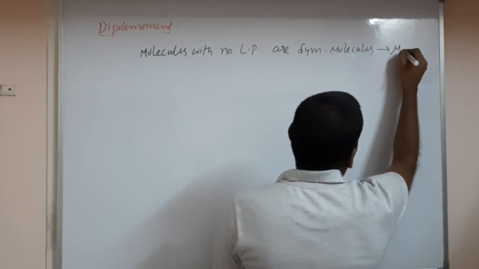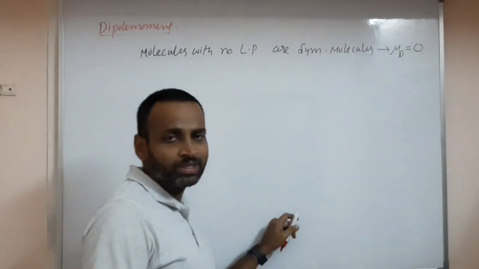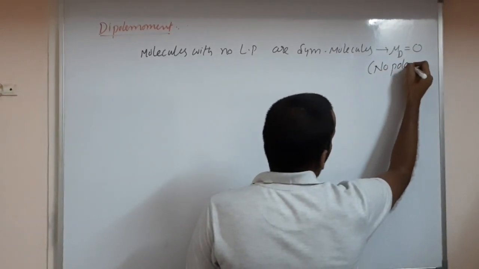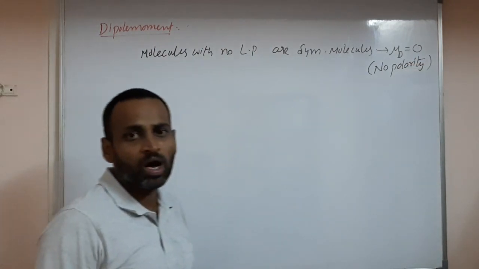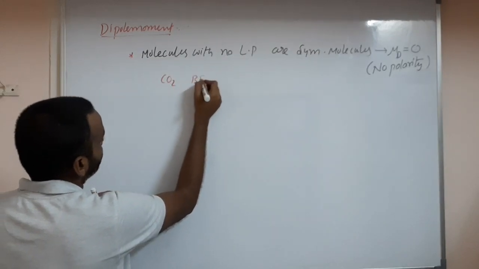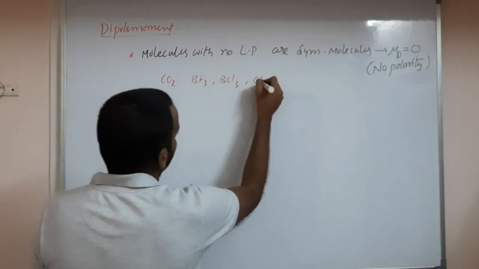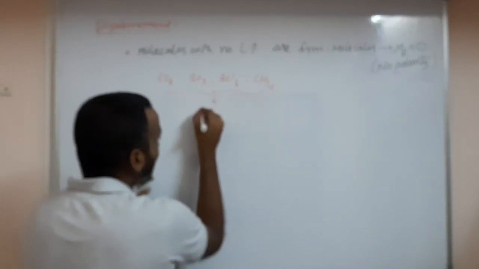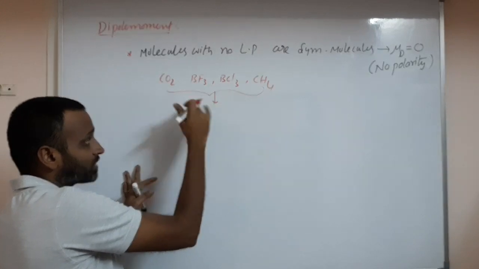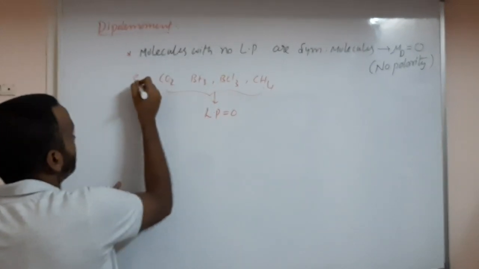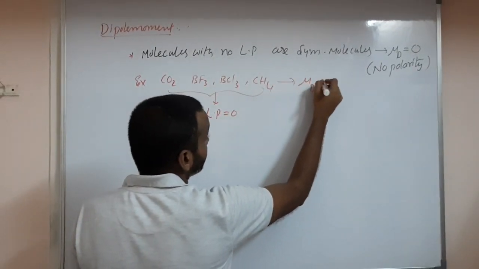For those, dipole moment will be 0, which means no polarity, so non-polar. Examples: CO2, BF3, BCl3, CH4, etc. All these have structures according to VSEPR theory, and lone pairs will be 0. So for all these, the dipole moment will be 0.